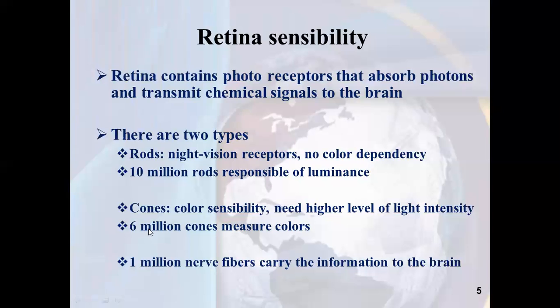We have 6 million cones that measure the colors. So in the retina, we have 16 million photoreceptors: 10 million rods, which just detect the image regardless of its color, and 6 million cones, whose role is to differentiate between colors.